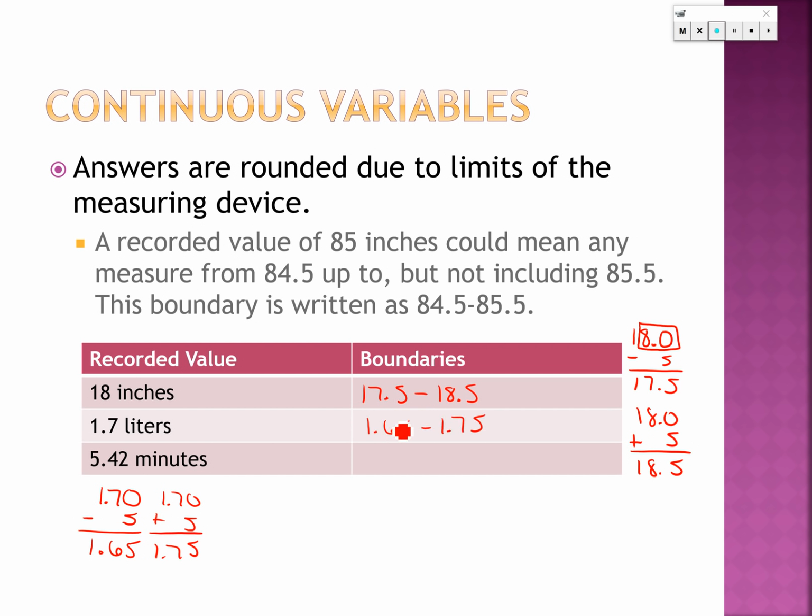Now remember, with the boundaries, 1.65 would be included, and it would be everything up to 1.75. That upper boundary would not be an included value. 5.42, I put a 0, subtract 5, and then I add 5.